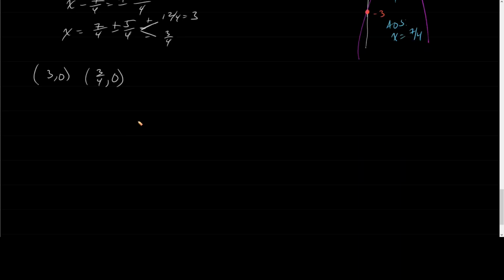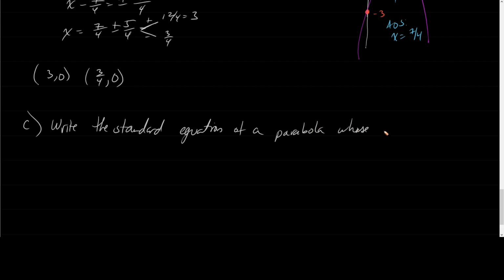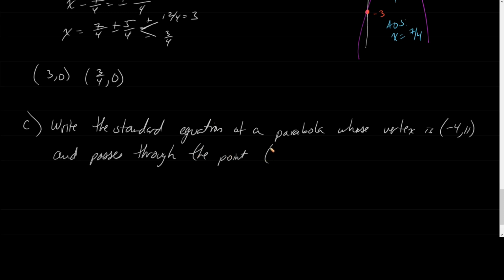Let's say that, write the standard equation of a parabola whose vertex is -4, 11 and passes through the point -6, 15.